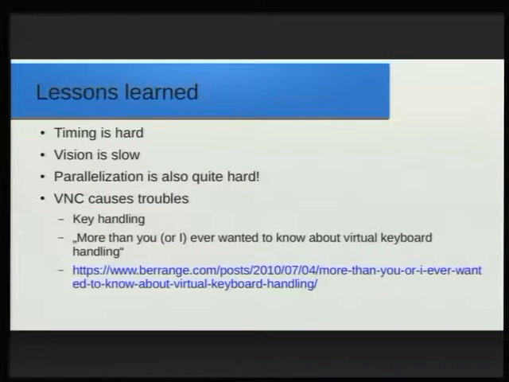So, the lessons learned by developing this is that timing is hard. When you are executing a virtual machine and you are processing the results and interpreting them in your own code, you get a lot of timing issues or weird, hard to debug conditions where your program is stuck or the virtual machine is stuck or something is stuck.